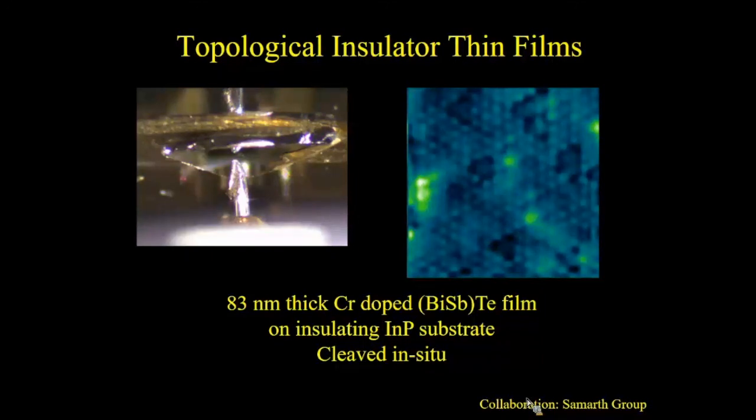We just paint conducting epoxy up over the edge of the sample, so it's connecting the top surface to the sample holder. The issue, however, is if you then need to cleave your sample, how do you do that without cleaving off the conducting epoxy, which is allowing you to make electrical contact to the material? And then how do you find the location on the sample where you haven't completely cleaved off this 80 nanometer thick film?